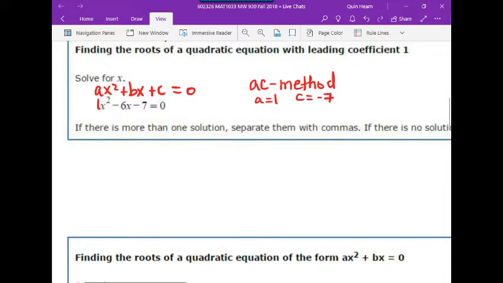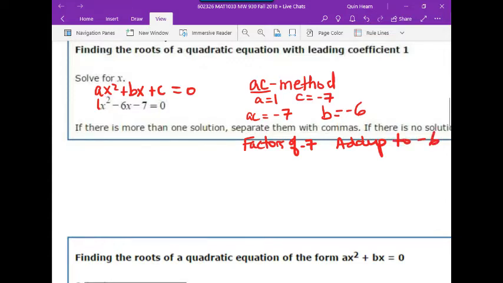So the AC method tells us to multiply A times C, which would be AC equals -7. And then we're going to look for factors of -7 that add up to B, which in this case is the coefficient of x, -6. So we're looking for factors of -7 that add up to -6.